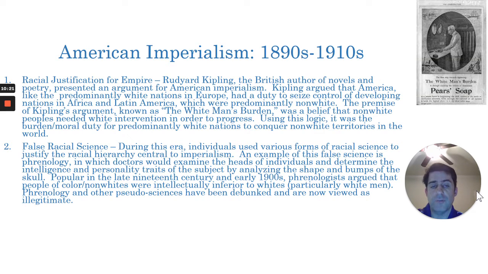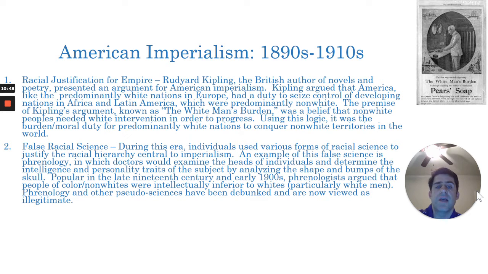These false forms of racial science were used to justify the racial hierarchy prevalent in the United States at the time, and using that same logic, that would be further reason for the U.S. to colonize other territories outside of its boundaries.